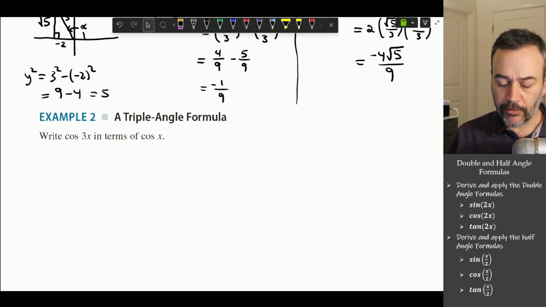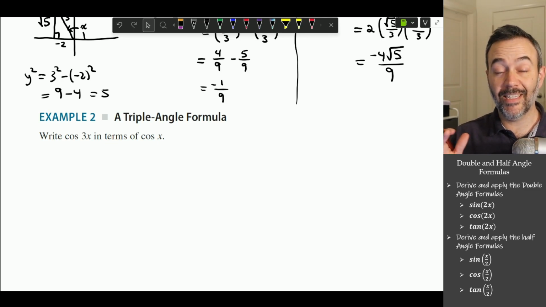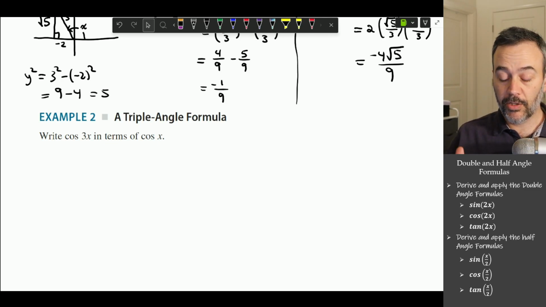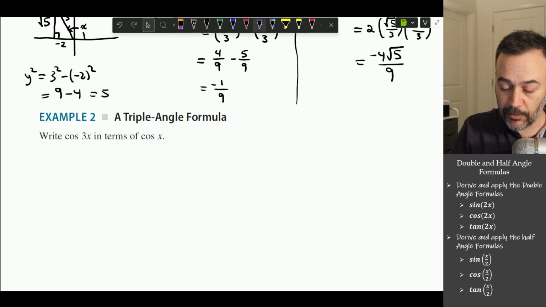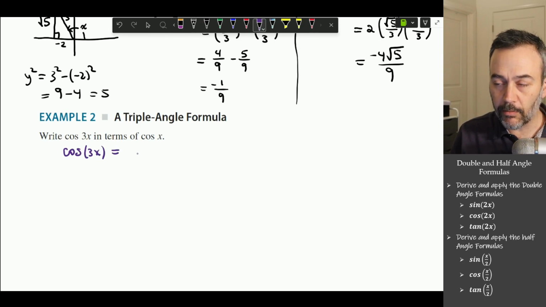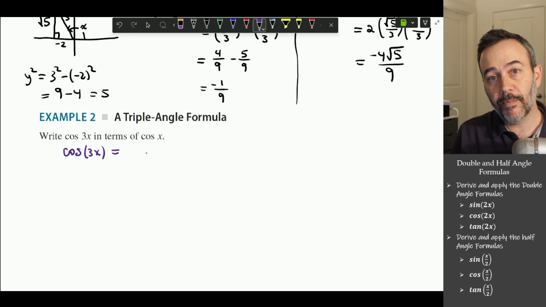Let's find cosine of 3x, and we're going to write it in terms of cosine. So I want a new identity, cosine of 3x, equal to something that only involves cosine x.